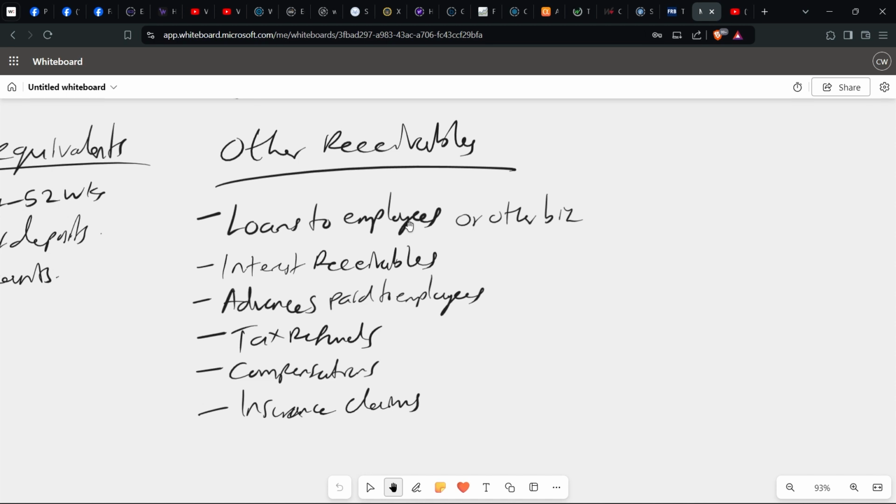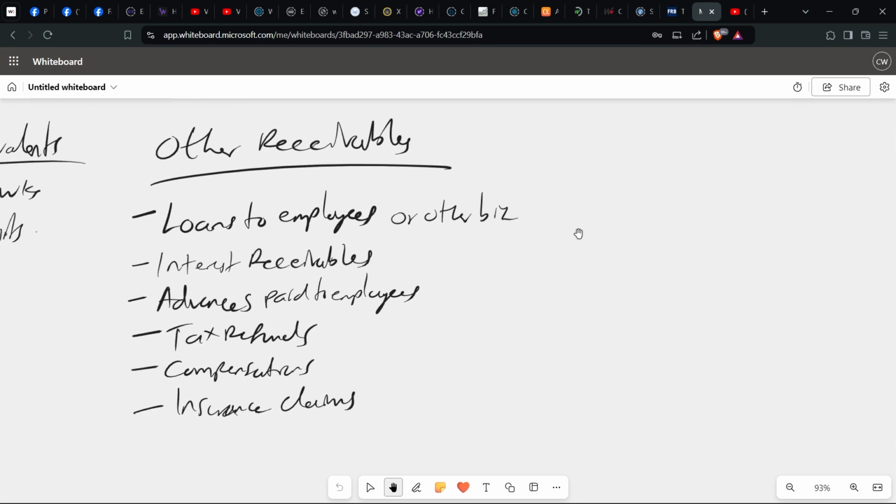All right, you can be given a loan to further your education so that you can come back and help the company. You can be given a loan probably because you asked for it and you need to take care of some health issues, or the company may give a loan to another business for them to get their stuff together. That loan that is expected to be paid back within the year is recorded as a receivable.